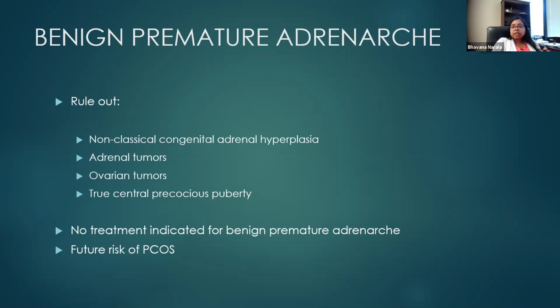But I usually just say, concentrate on eating healthy, and don't really go a lot into PCOS because that's down the road. A lot of factors could change in terms of their weight and insulin resistance. So we mention it, but we don't necessarily follow these kids to see if they develop PCOS.